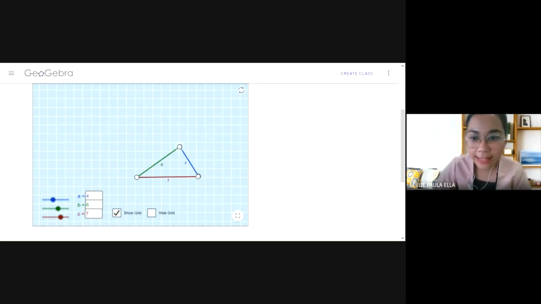Do you think that we have formed a triangle using this set of lengths? Yes or no?